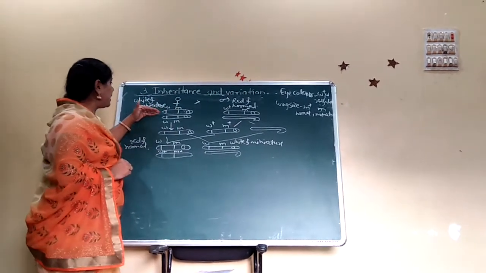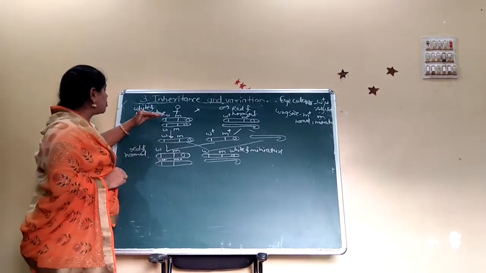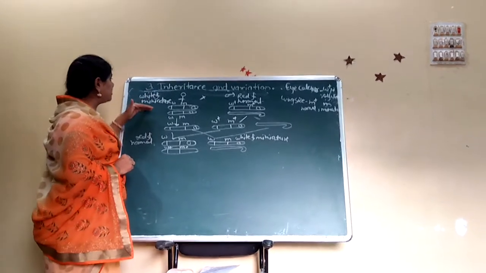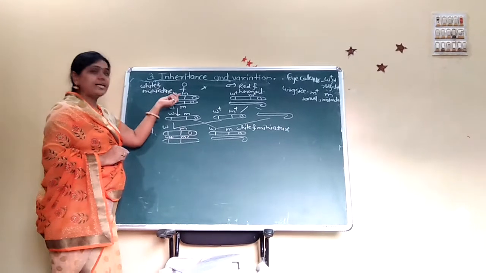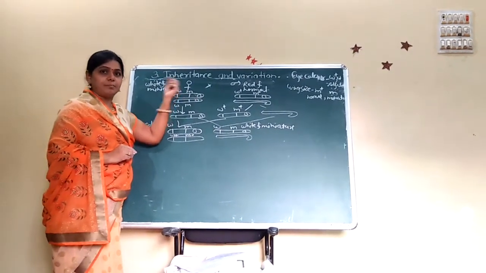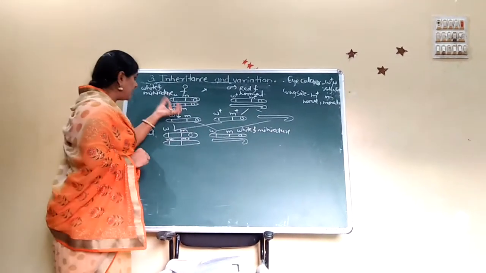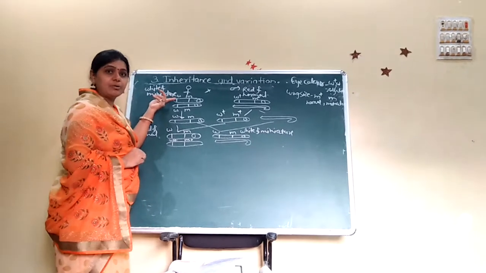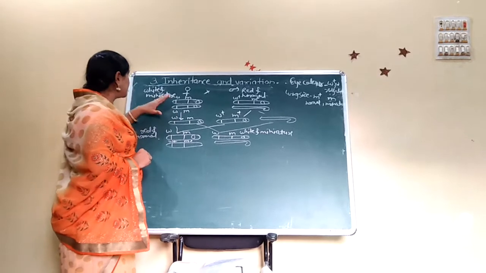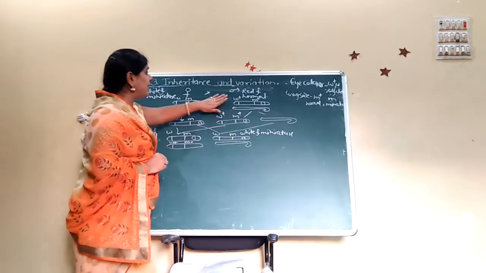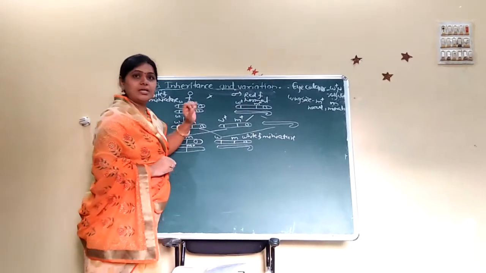The female shows the white and miniature characters here. It is the recessive character, that is the white, and miniature, that is M. The allele shows the white, that is W, and miniature shows M here. Then these females and the male show the red and normal here.